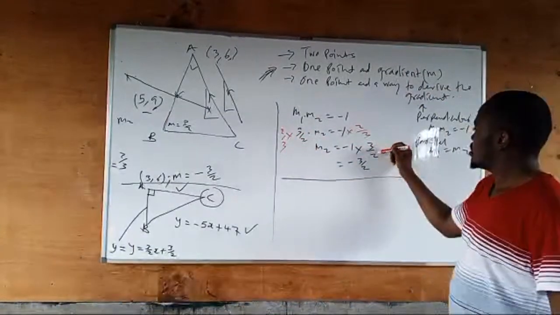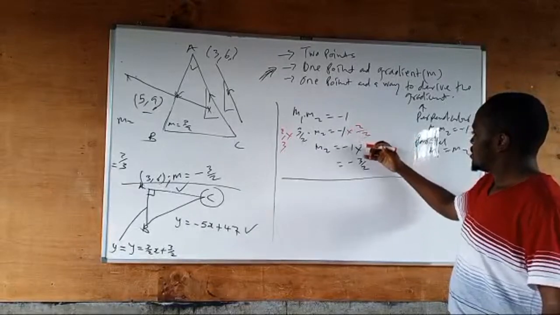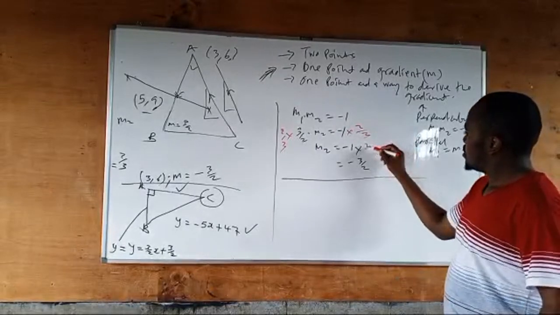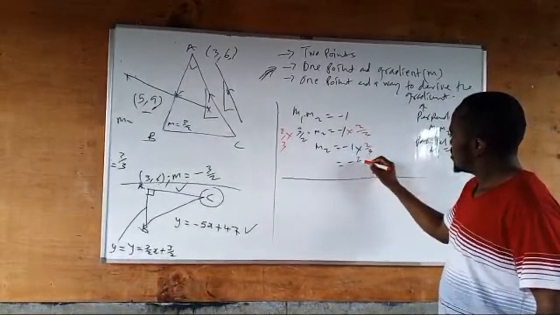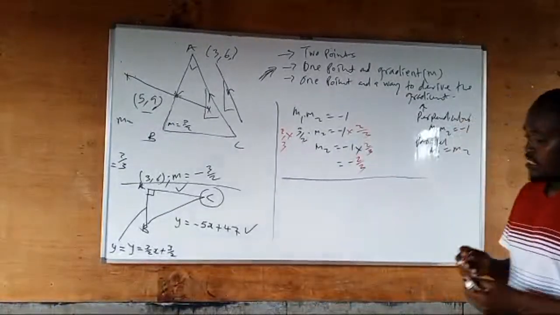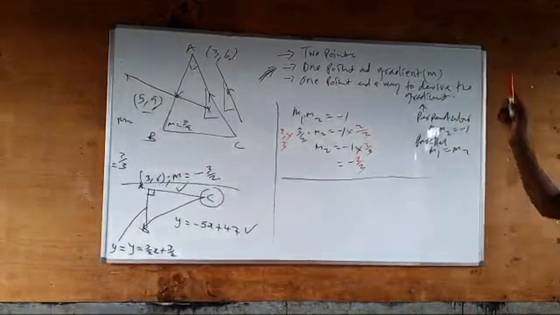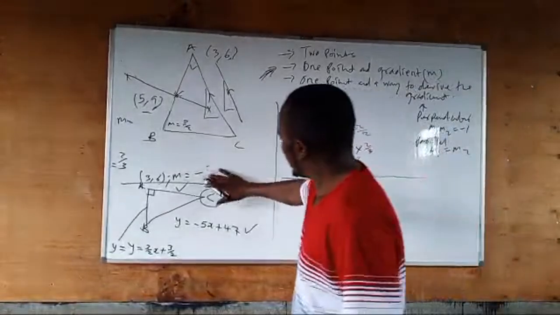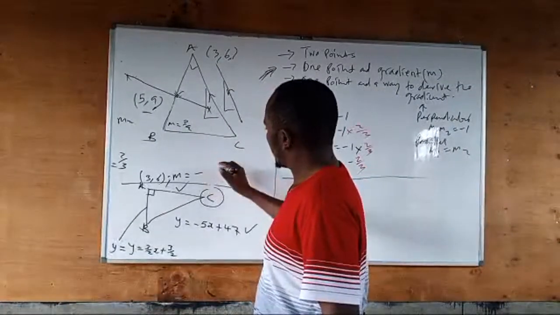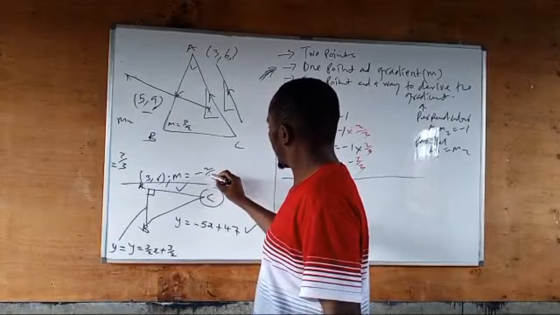So this one is not 3 over 2, it's 2 over 3. Thank you. 2 over 3. Thank you for that. Kama unauliza tungeenda mpaka mwisho kushinda mbona answer hivi. Haya. So this is the 2 over 3.